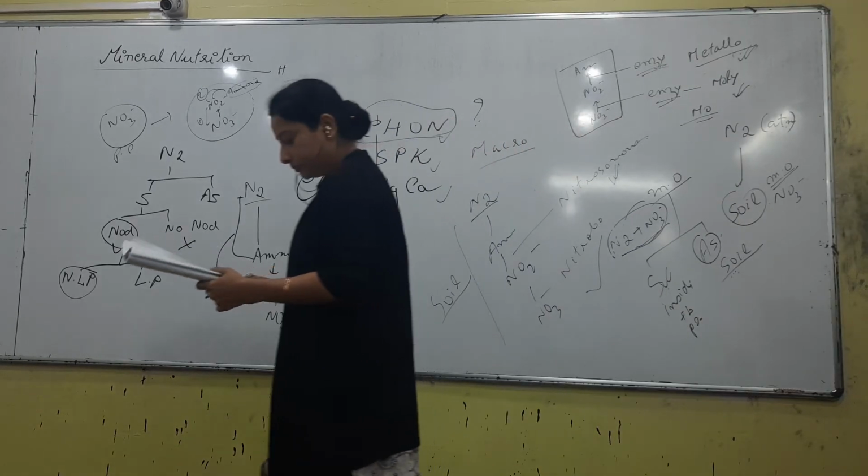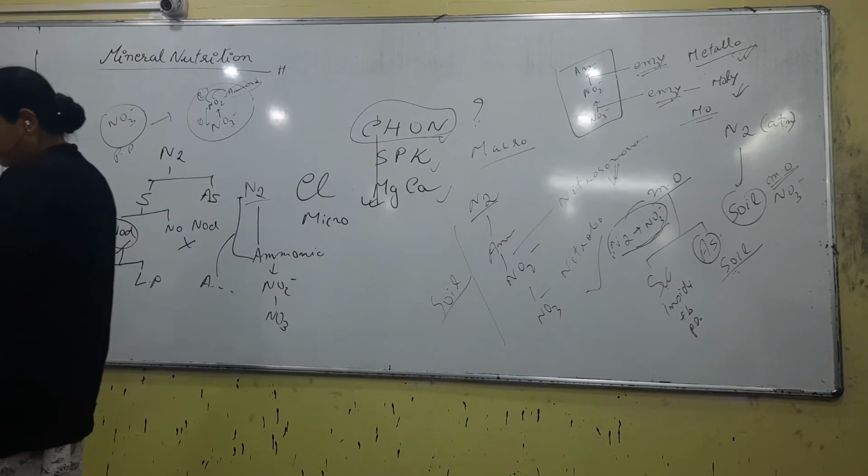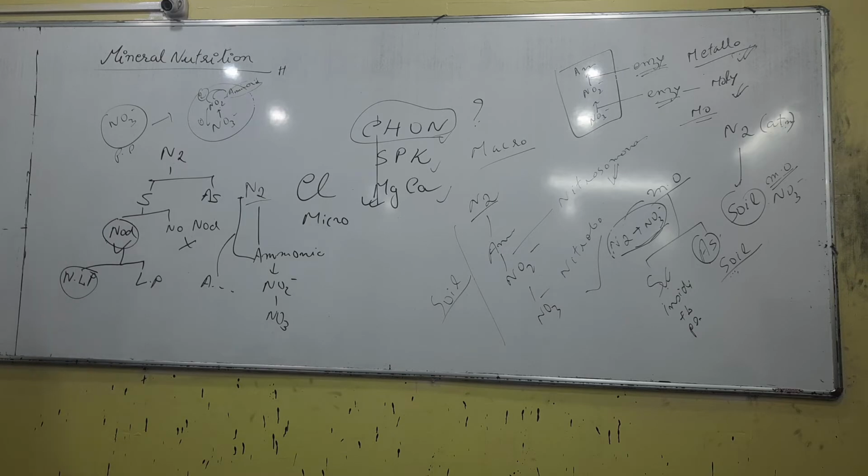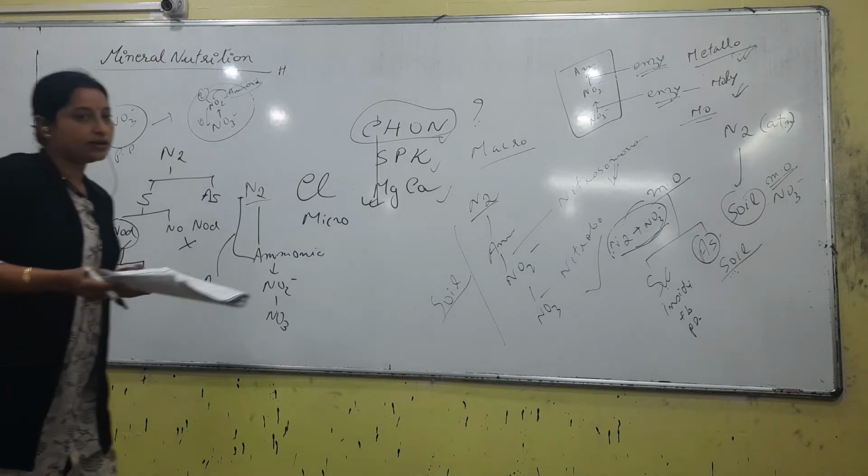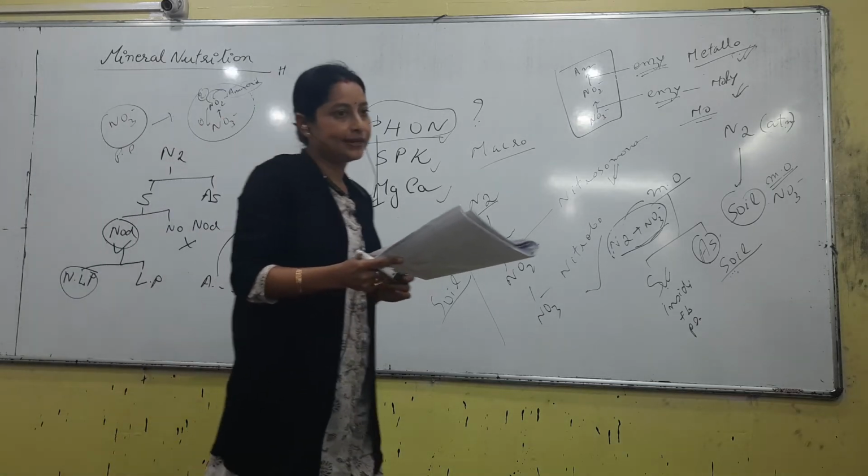Okay. There are coenzymes used in the reaction, like flavin, etc. But what is very important from this point is the name of the enzyme. Remember the enzyme, not the reaction, because questions are not asked on that.